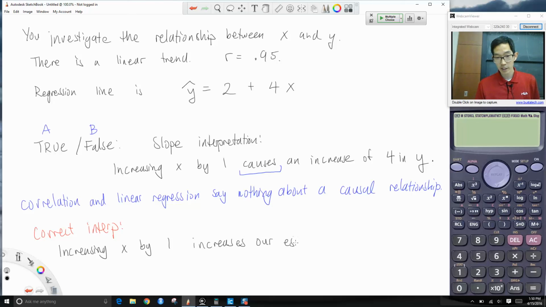Our estimate of y, so we can just say y hat, by 4. So increasing x by 1 increases our estimate of y by 4, and that's fair to say, okay? So if we increase x by 1, we estimate that y goes up by 4. But there's nothing about cause and there's nothing about actual values of y changing, okay? So that's the difference there.